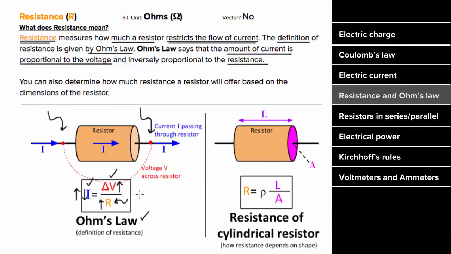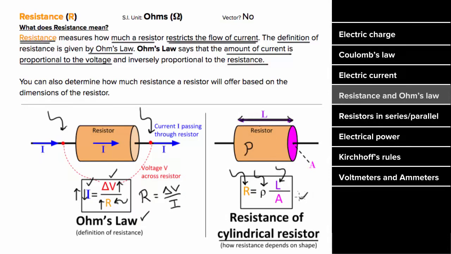Even though Ohm's law gives you a way to define the resistance, you can determine the resistance of a circuit element by knowing the size and shape of that circuit element. In other words, the resistance of a cylindrical resistor is going to be equal to the resistivity, which is a measure of an object's natural resistance to current, multiplied by the length of that resistor. The longer the resistor, the greater the resistance and the more it will resist the flow of current.